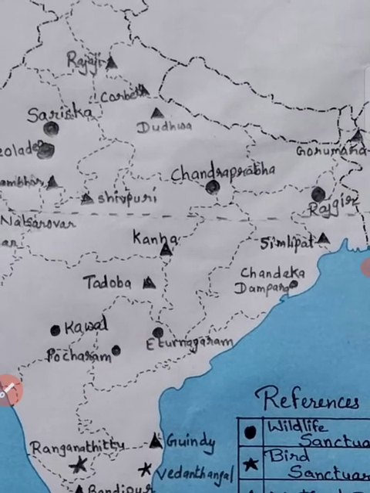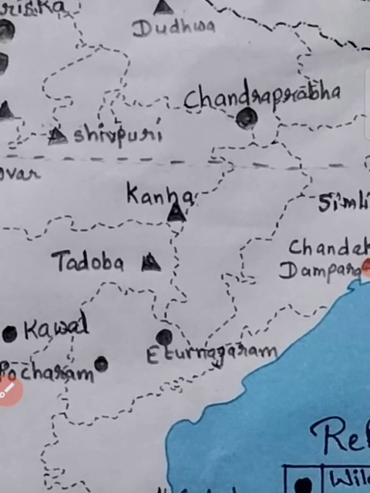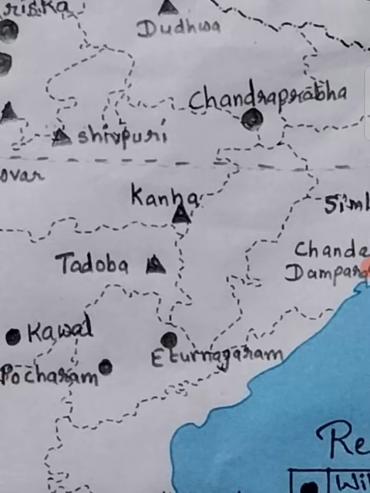Then in the middle part also, that is Kanha and Tadoba. So here also we can find the national parks.